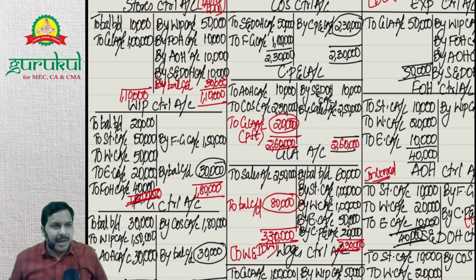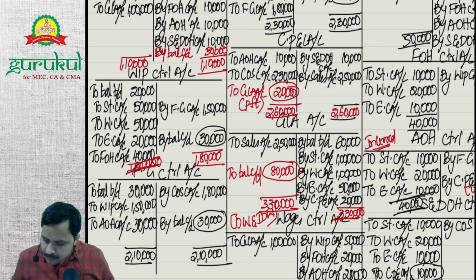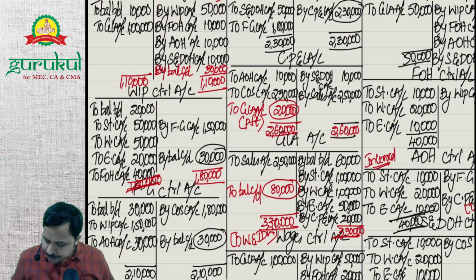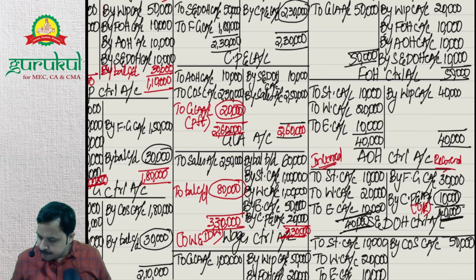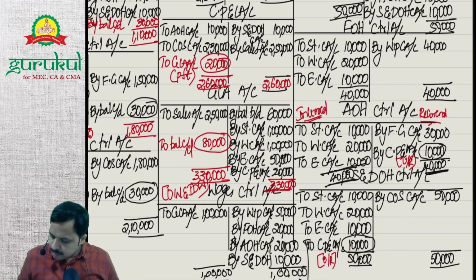I want to prepare the trial balance. So I'll be adding the closing balances 30,000, 30,000 and the same, which is 90 and 30. Is there any calculation mistake we have done?